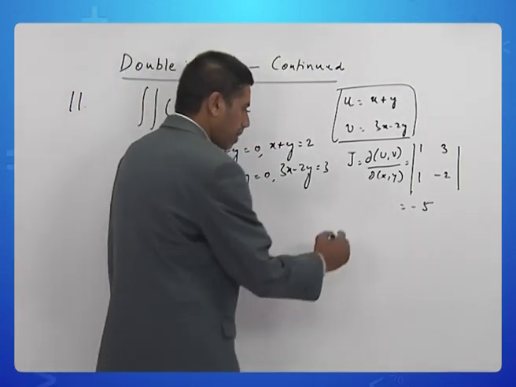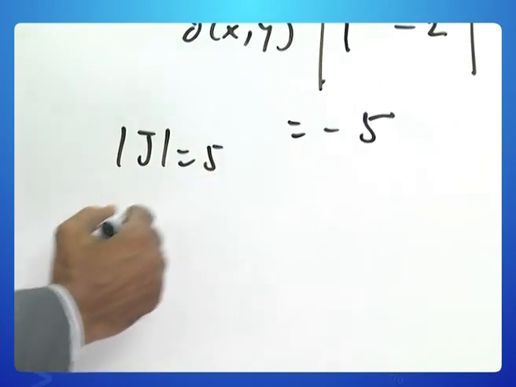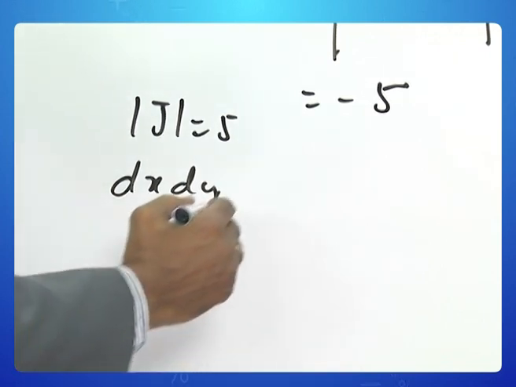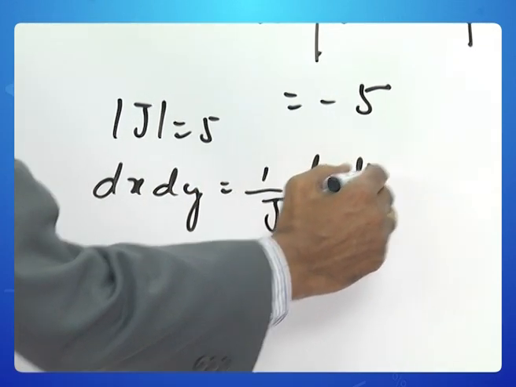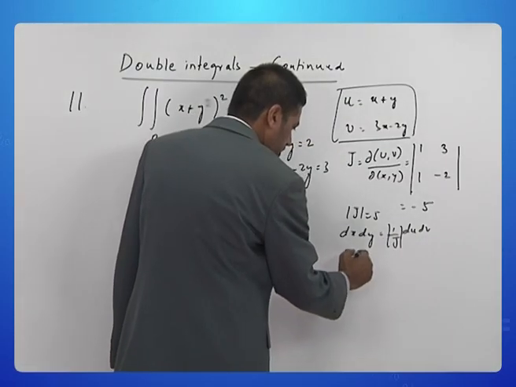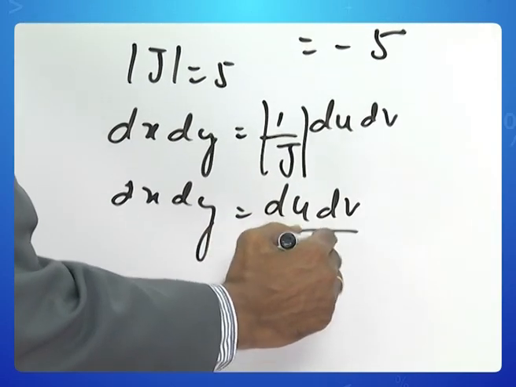This means mod J is equal to 5, dx dy is equal to 1 by mod J du dv. So dx dy is equal to du dv by 5.